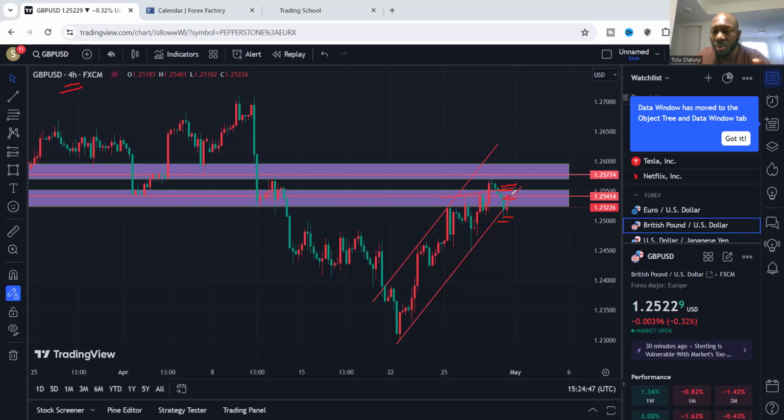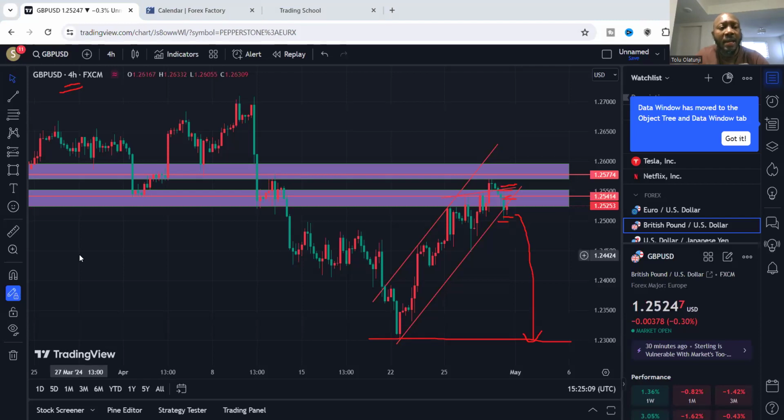So choose your entry criteria better. This is based on inside bars, because inside bars are also a way to enter the market. So you can do that, and let's see if the market is going to drop back to this point here. I will definitely update everybody according to what the market does.